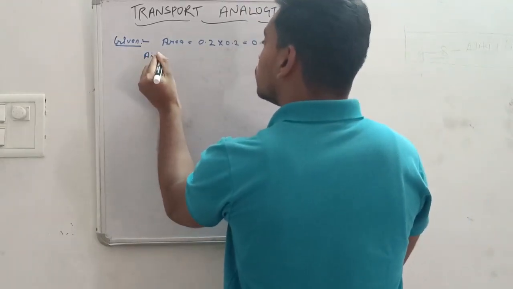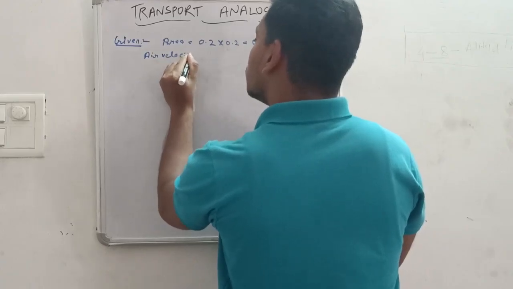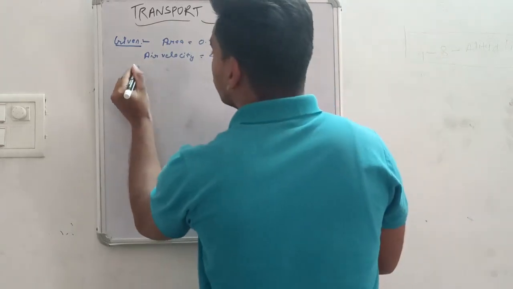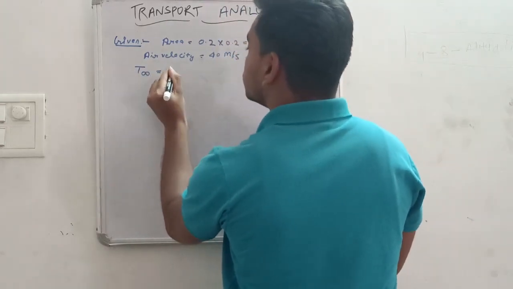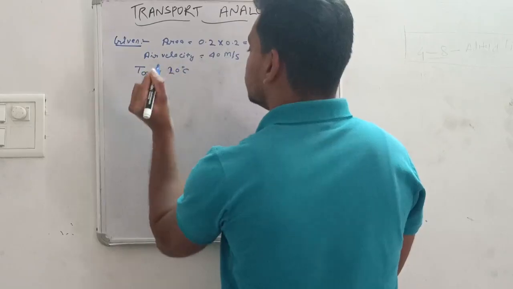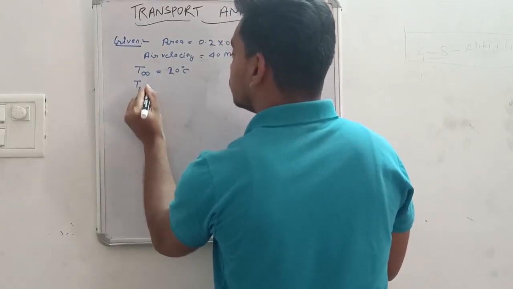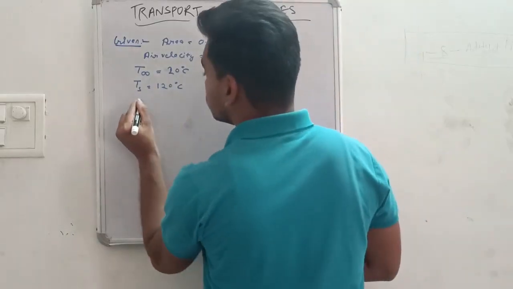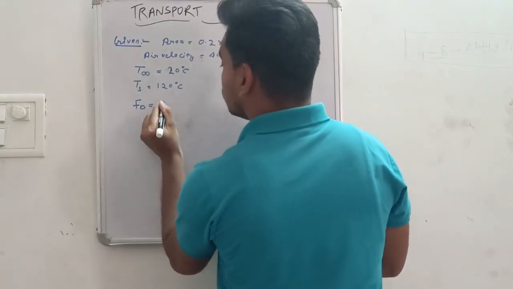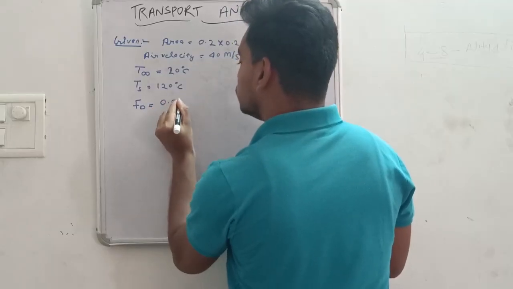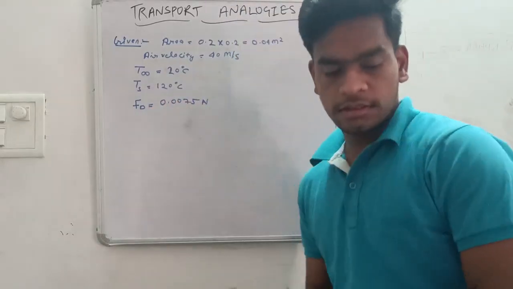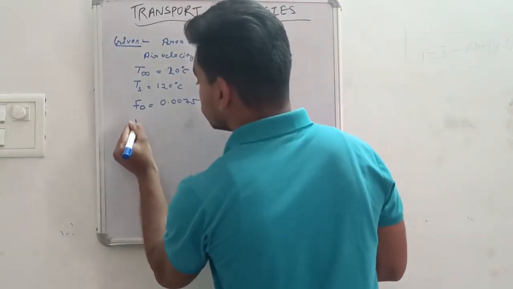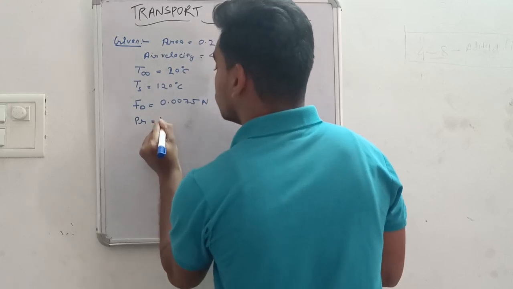Air velocity, which is 14 meter per second, and the environment temperature is given as 20 degrees Celsius. And the temperature of the plate is 120 degrees Celsius, and the drag force is given 0.07 Newton. So now we will proceed to the solution, and here a value of Prandtl number is also given. Prandtl number is 1 for this case.